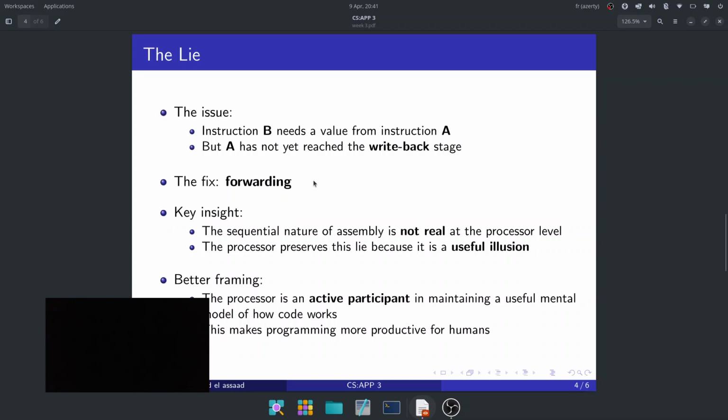The fix the processor implements to get these instructions to behave like a sequence is the idea of forwarding. Essentially, you take something from the future and send it back to the instruction that needs it, bypassing the register. And the key insight you can derive from this behavior is the sequential nature of assembly.